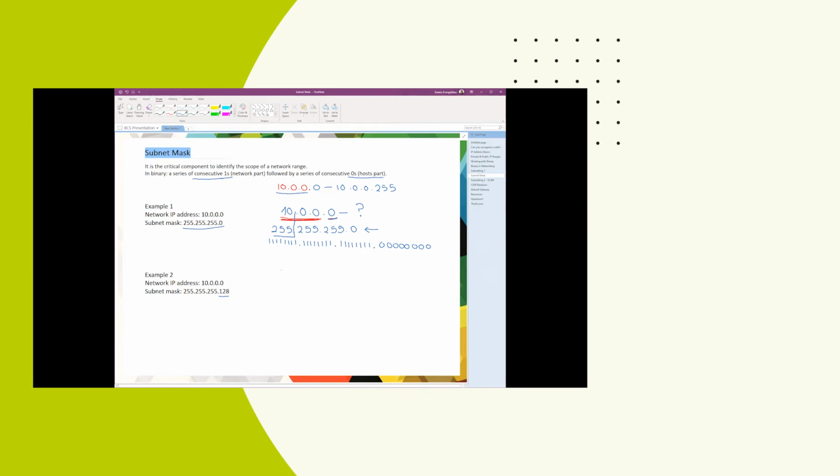Again, I deliberately kept the same network, just to show you what's the difference. So this is again the 10.0.0.0 network, but the subnet mask is different. We have a subnet mask of 255.255.255.128.